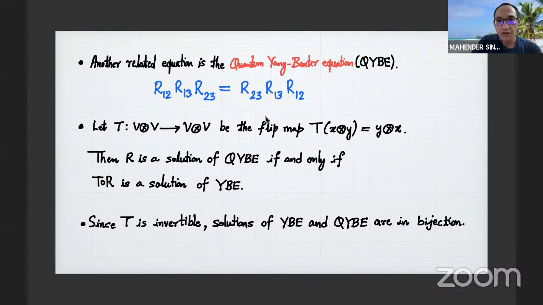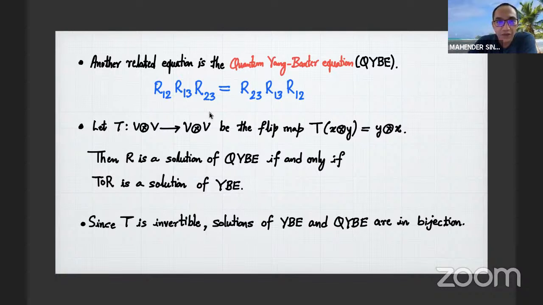So how are solutions to these equations related? If you look at T from V tensor V to itself, the flip map, which sends x tensor y to y tensor x, then one can easily see that R is a solution of the quantum Yang-Baxter equation if and only if R composed with T is a solution of the Yang-Baxter equation.